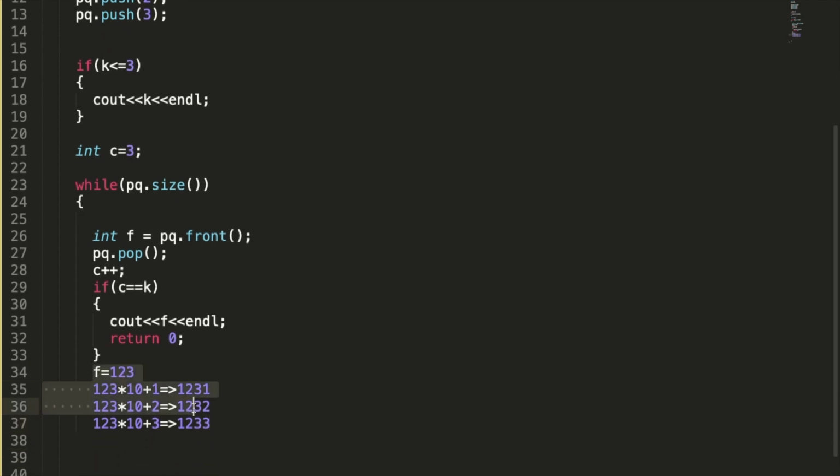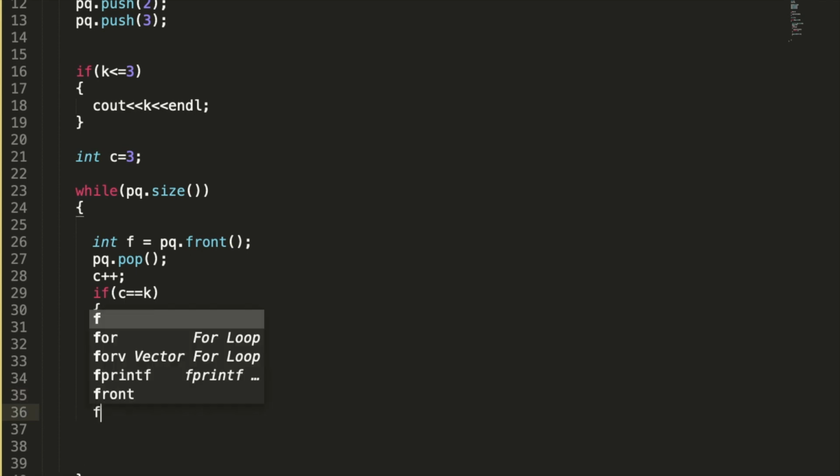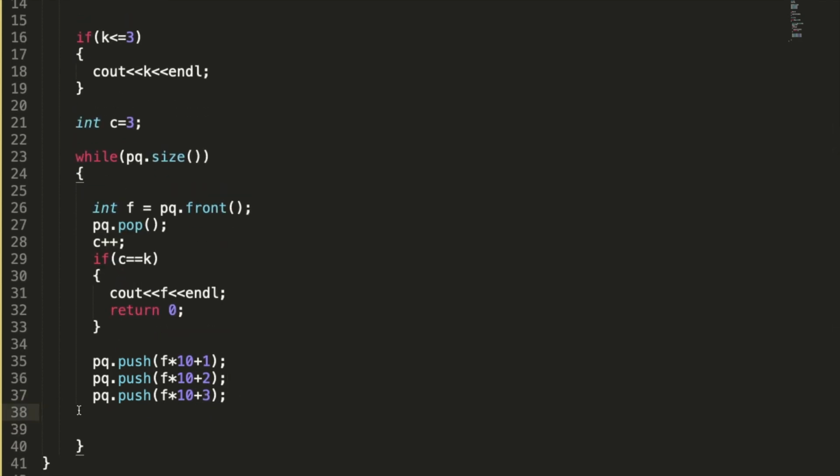Okay, so we are going to produce these three numbers and push them into the queue. pq dot push f into 10 plus 1, pq dot push f into 10 plus 2, pq dot push f into 10 plus 3. So this is how we are going to generate the numbers, right?